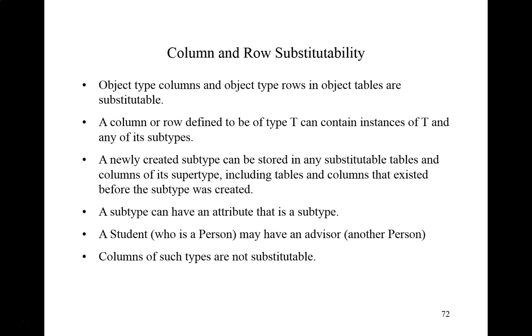A subtype can have an attribute that is a subtype. As an example, consider a student, a subtype of person, may have an academic advisor, another subtype of person. The columns of such types are not substitutable.